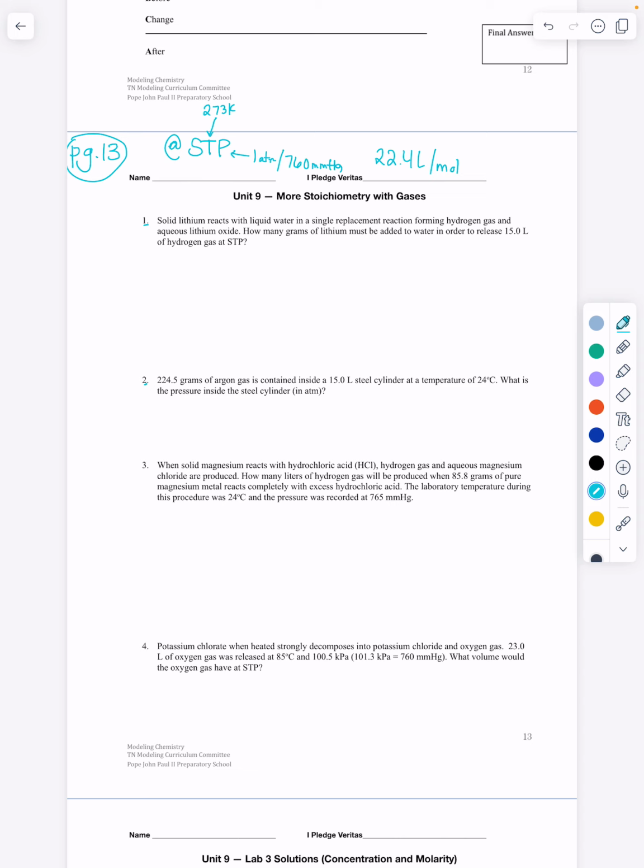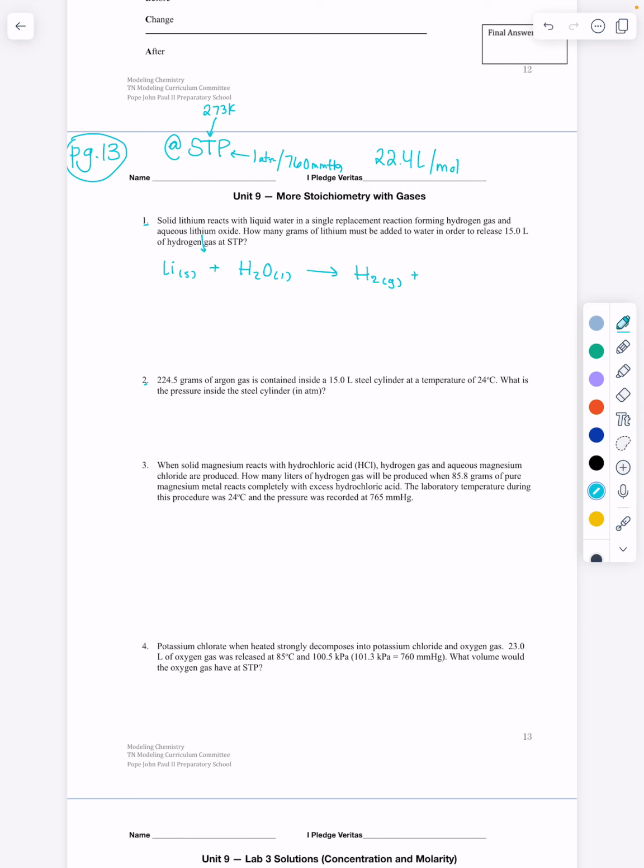It says that solid lithium reacts with liquid water in a single replacement reaction, forming hydrogen gas and aqueous lithium oxide. So let's take a minute to just write out our equation. So we have lithium reacting with water in a single replacement reaction to form hydrogen gas, which remember is H2 because it's a diatomic molecule, and aqueous lithium oxide.